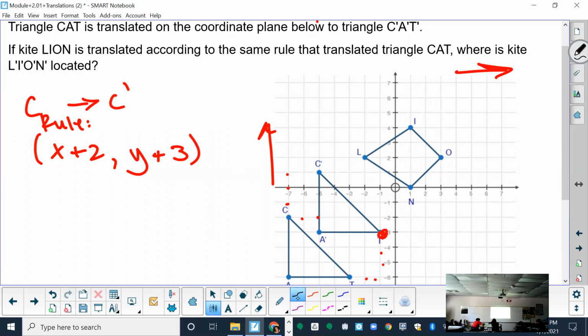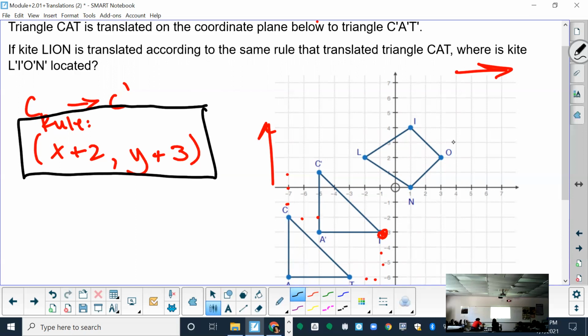So since this is the rule that we need to follow, because it says that the lion shape follows the same rule, graph the translated image. So for each X value, you should have movement to the right 2, going up 3. And then make sure you label it prime to show that it's the translated image.